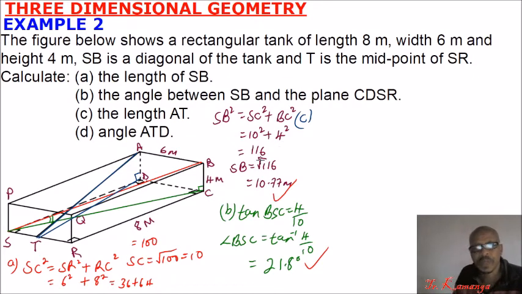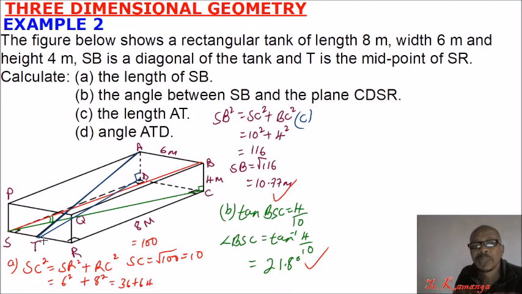Because we want to find AT, we need to use TD and AD to get AT. But we don't know TD. We know AD is 4 meters, which is the height.